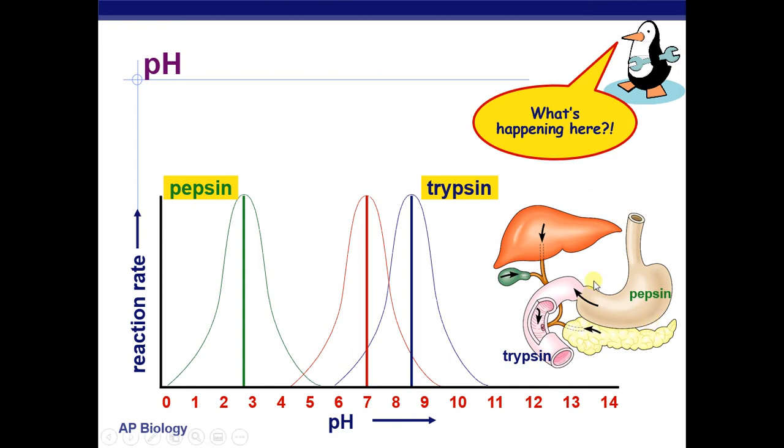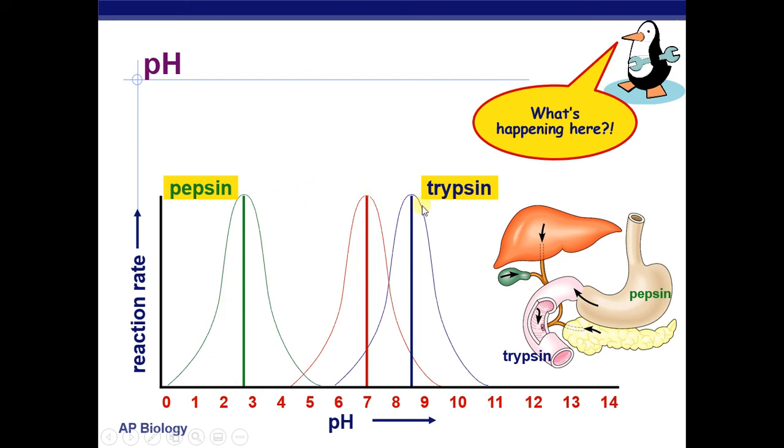So look at the different, these are different enzymes inside the human body, actually in the digestive tract. Pepsin in the stomach has an optimal pH below 3, because our stomach, with its hydrochloric acid and everything, will have a standing pH of below 3.